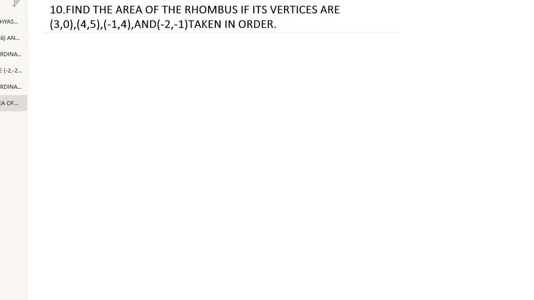Find the area of a rhombus if its vertices are 3, 0, 4, 5, minus 1, 4 and minus 2, minus 1 taken in order. We know the formula for the area of a rhombus is equal to half into d1 into d2 square units.